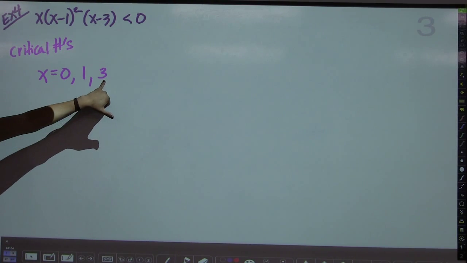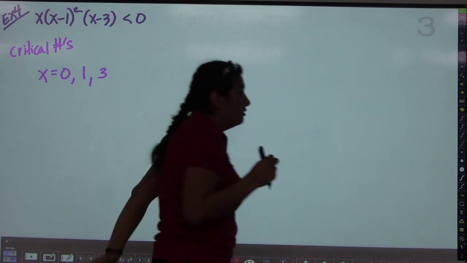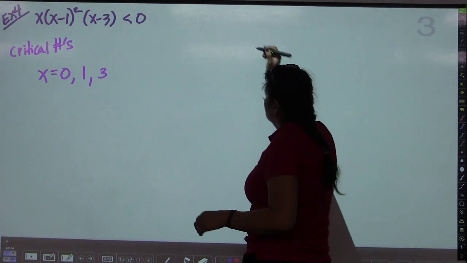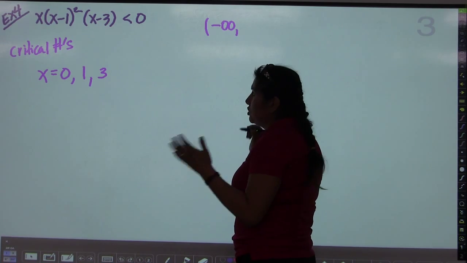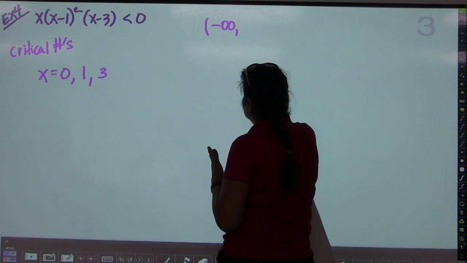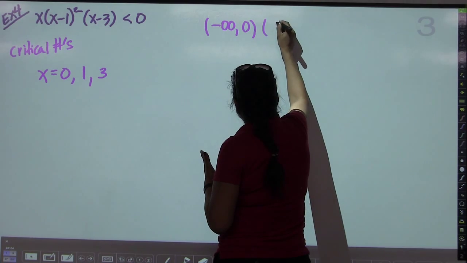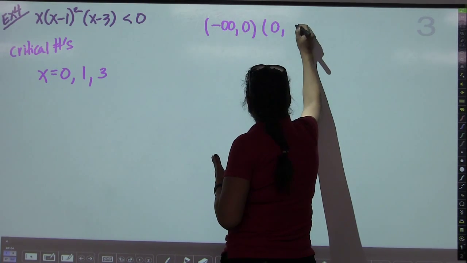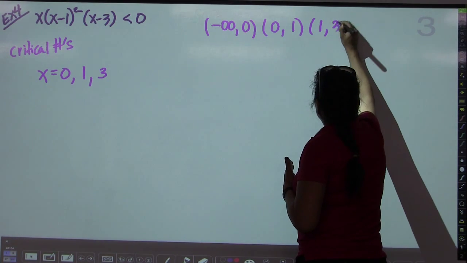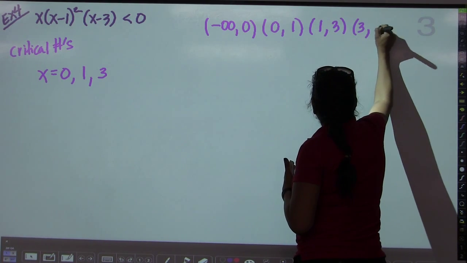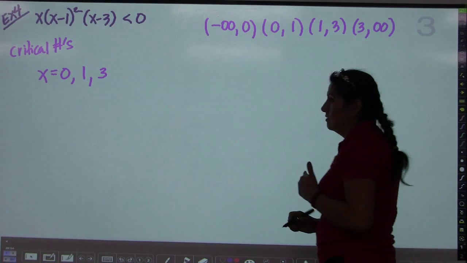And then 3. So we're going to come over here and we're going to write our intervals. Remember, we always start with negative infinity to the first critical number, which is 0, and then we're going to go from 0 to the next critical number, and then from 1 to the next critical number, and then lastly from 3 to positive infinity.